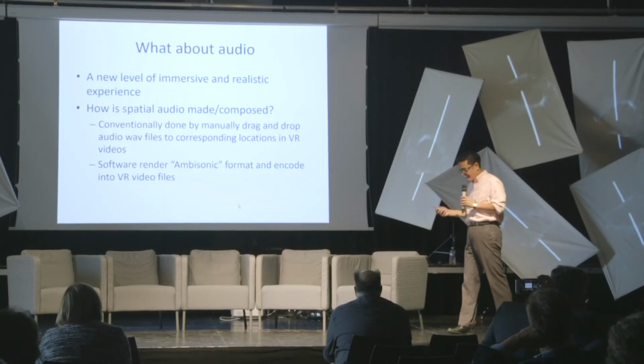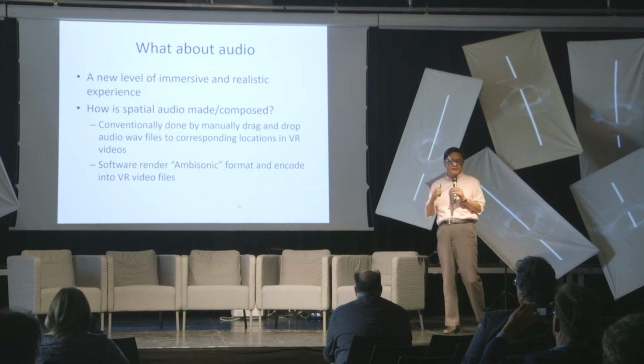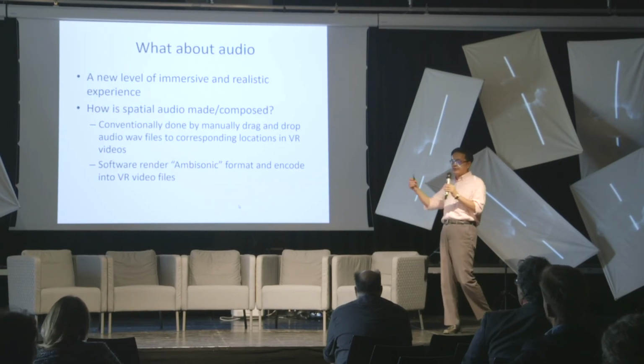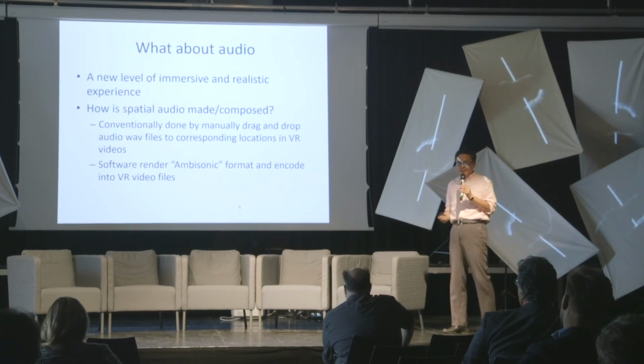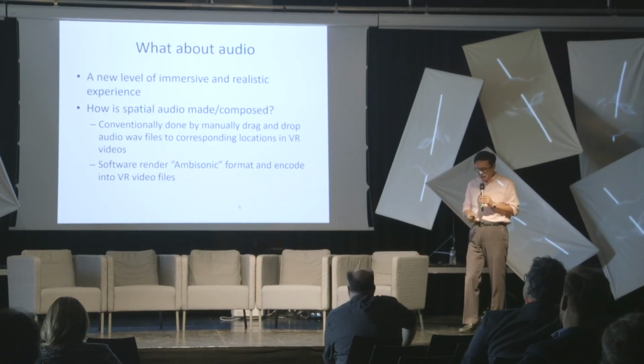So what about audio? Of course, you also want 3D ambisonic audio. Traditionally, these audios are produced manually. You have to manually match, drag and drop the audio files to different locations and basically annotate the video.